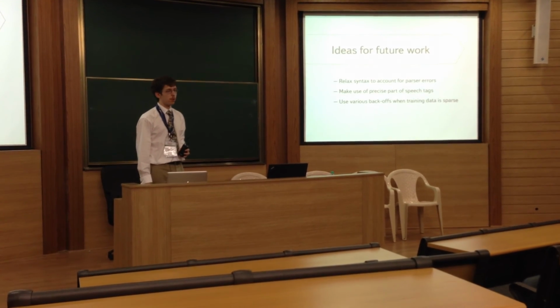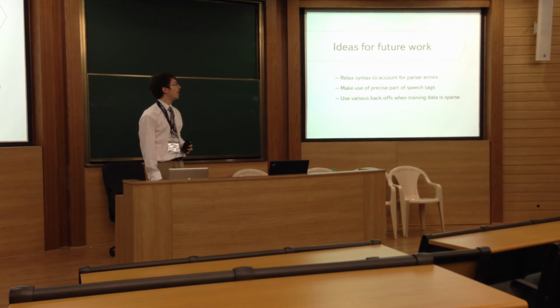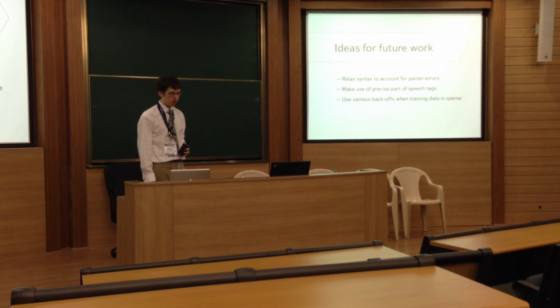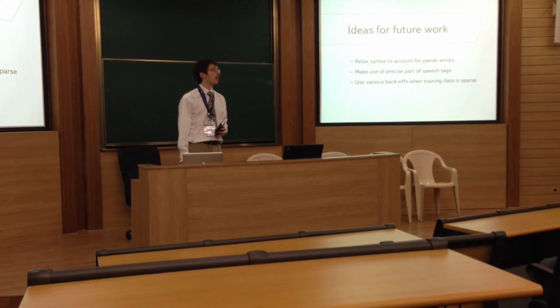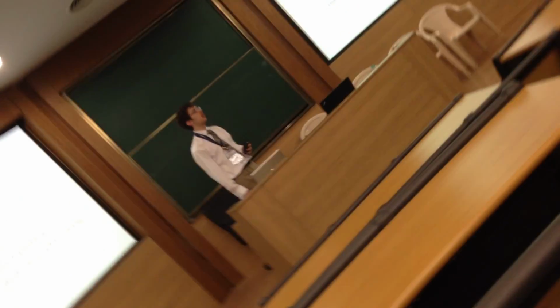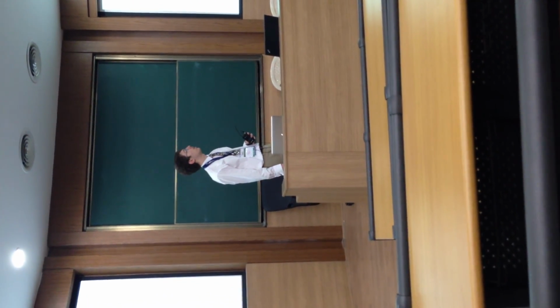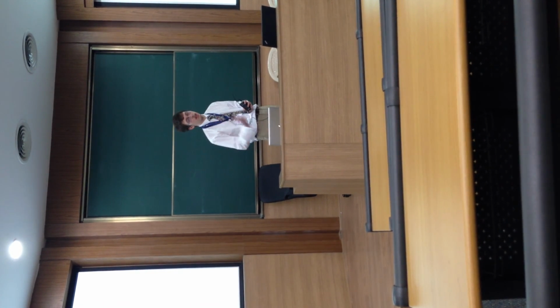First of all, the problem is that the parser sometimes does have some errors, and our approach is very sensitive to those errors. Especially it fails if you have many immediate children from one node, then you can simply miss a good reordering hypothesis if there is one parse error.